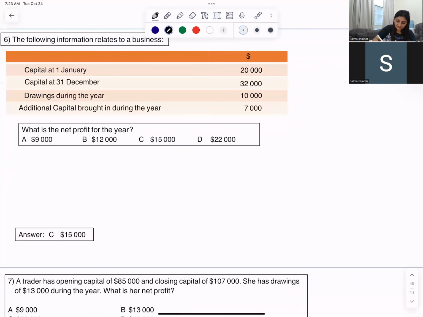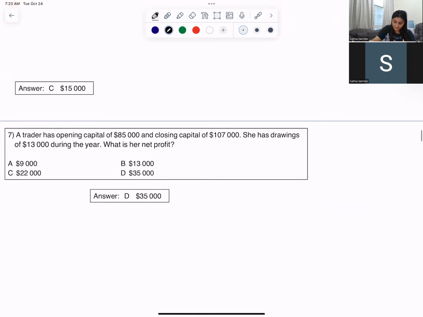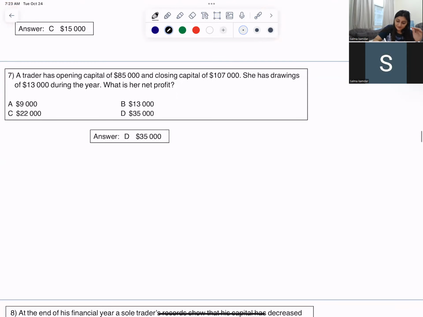Try this yourself. Pause and try it. Similarly, you have opening capital, closing capital, drawings. You can pause the video, try the sum, and then again restart. Your answer should be 35,000.